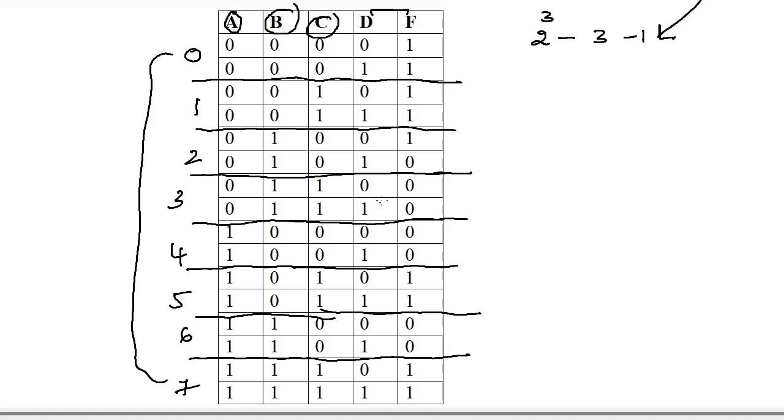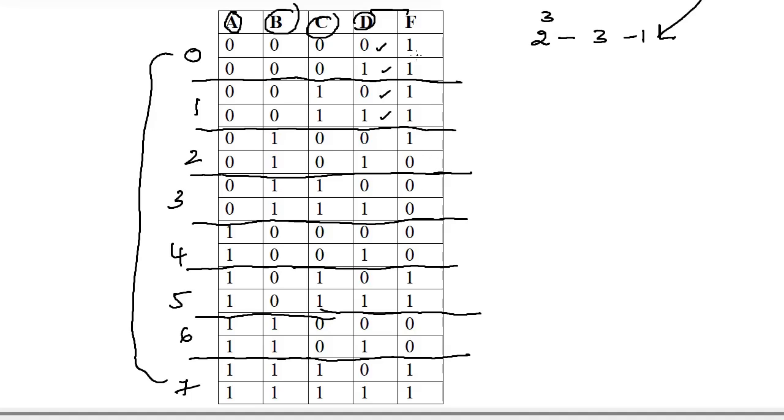It is no problem. But the problem is D. What about D, and what will we do for this D value? Now see here, D is 0, D is 1, and observe the D and F variables.